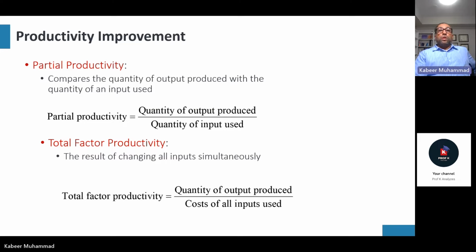There is also the possibility of doing partial productivity and total factor productivity. Partial productivity compares the quantity of output produced with the quantity of input used. If we want to find the total factor productivity, the result of changing all inputs simultaneously, we compare the quantity of output produced with the cost of all inputs used.